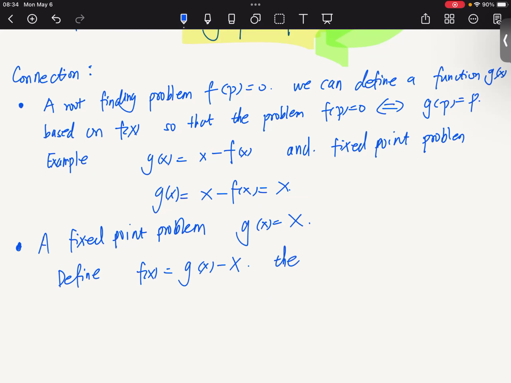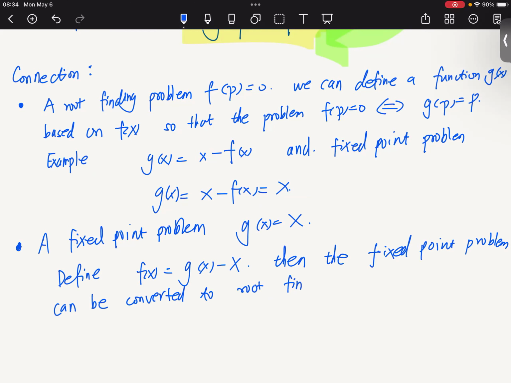The fixed point problem can be converted to the root finding problem, which is just f(x) equals 0.